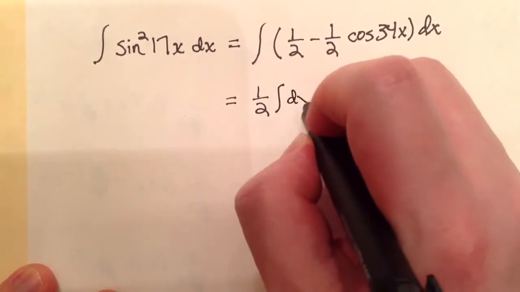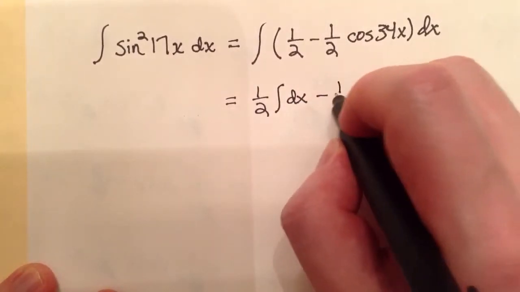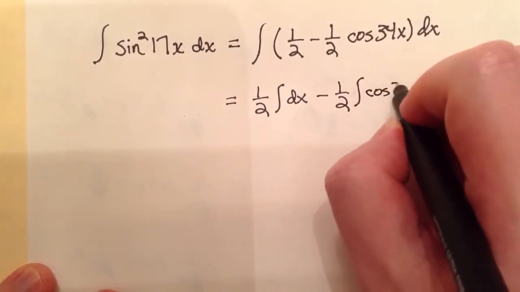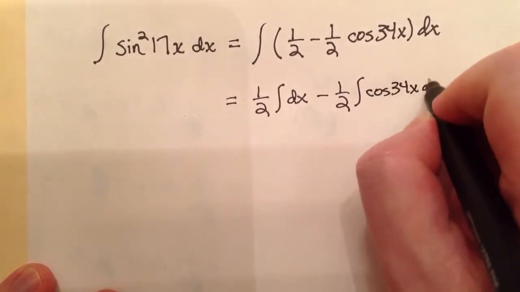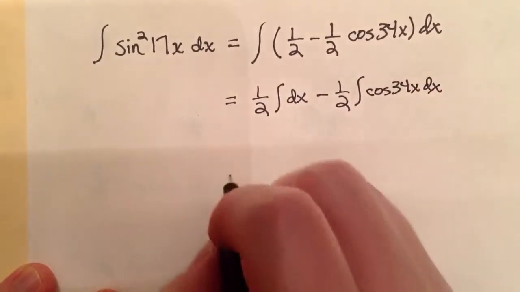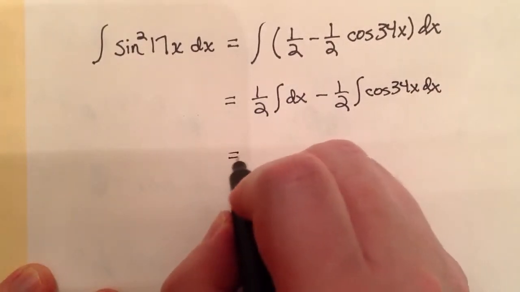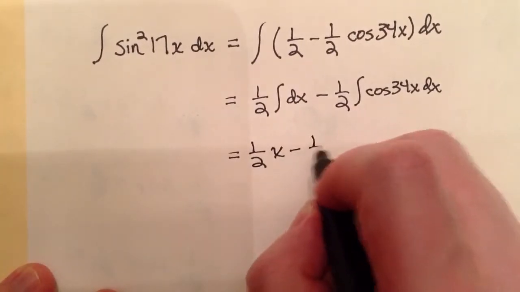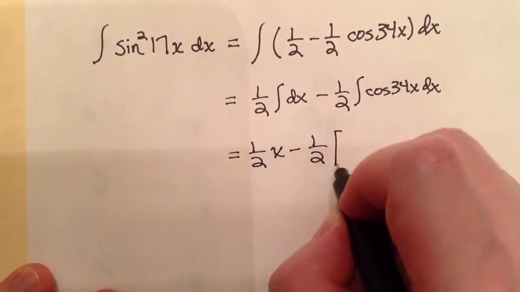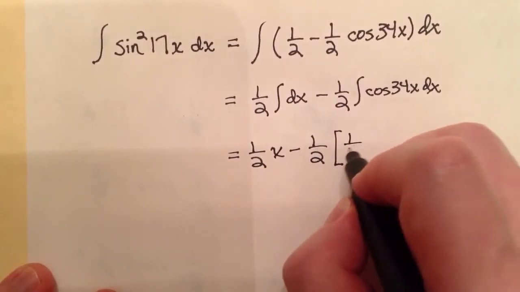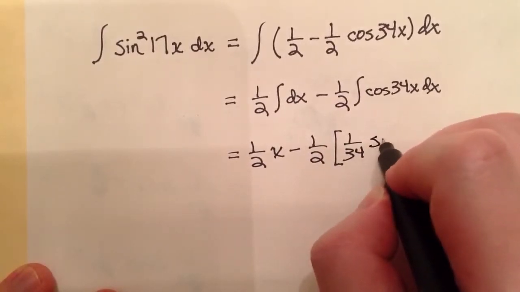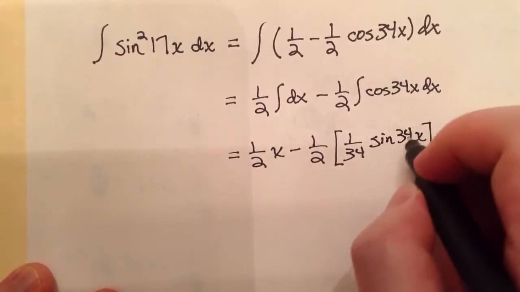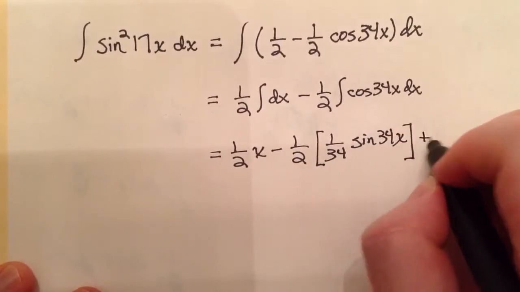We have 1/2 times the integral of dx minus 1/2 of the integral of the cosine of 34x dx. And so for what we have in the setup, we now have 1/2 of x minus 1/2 of what is going to be 1/34 of the sine of 34x followed by the constant.